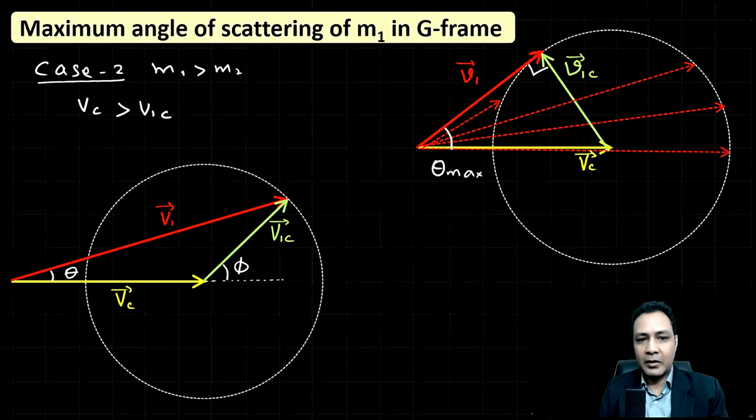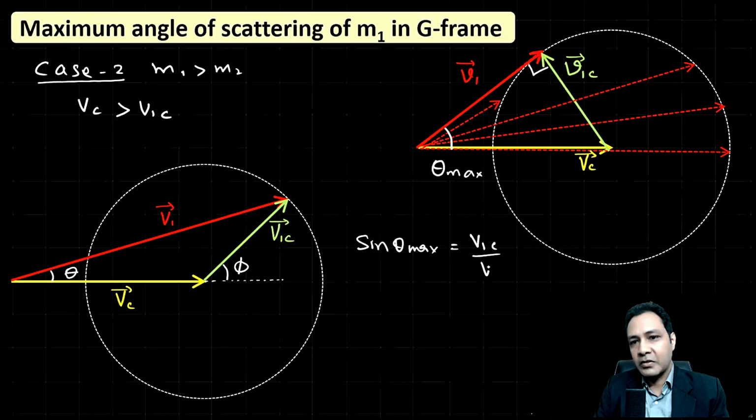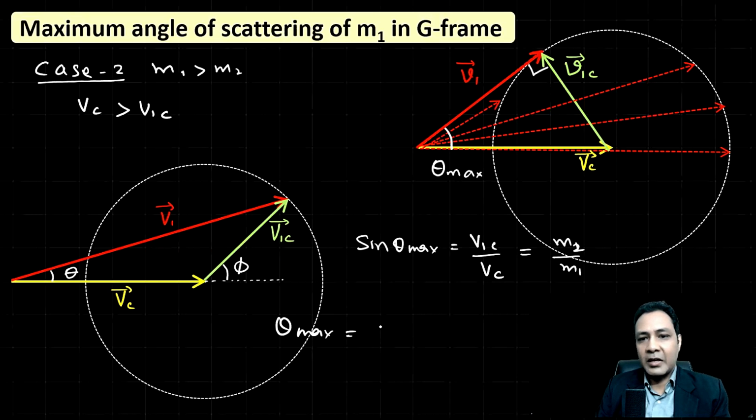From this diagram, sine theta max is V1C upon VC. V1C is M2U upon M1 plus M2, and VC is M1U upon M1 plus M2. If we put in the values of V1C and VC, we get theta max equal to sine inverse of M2 by M1.